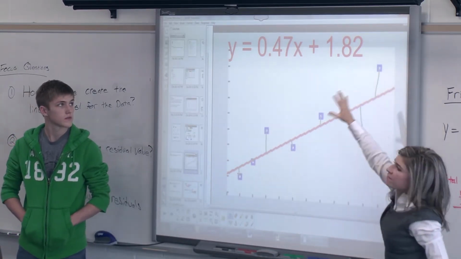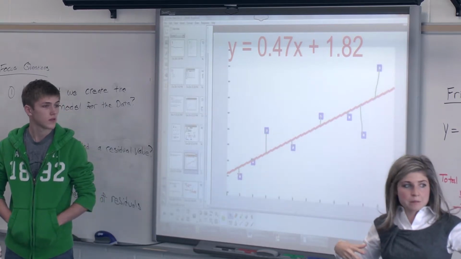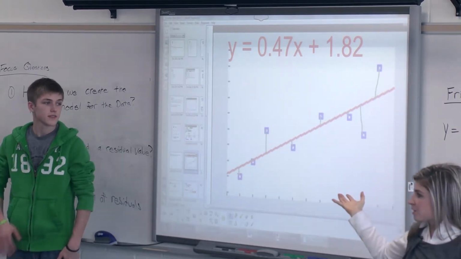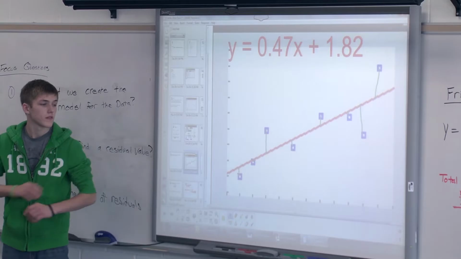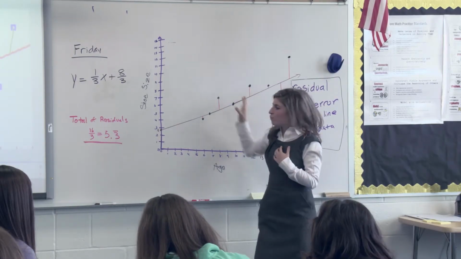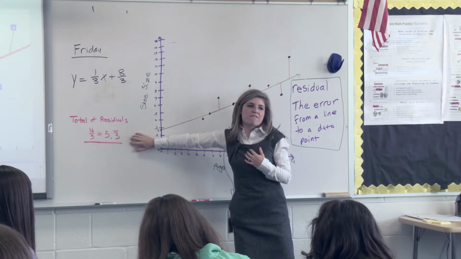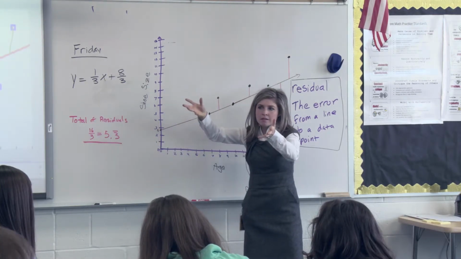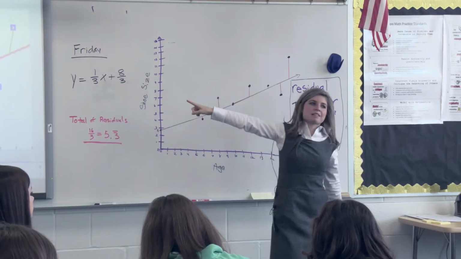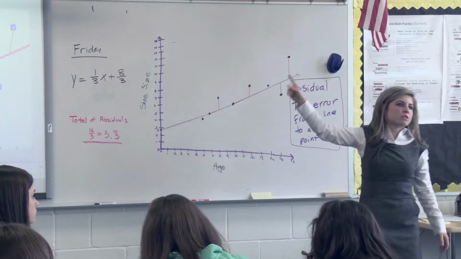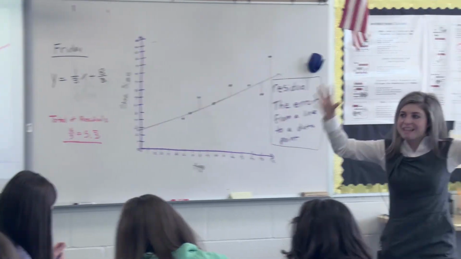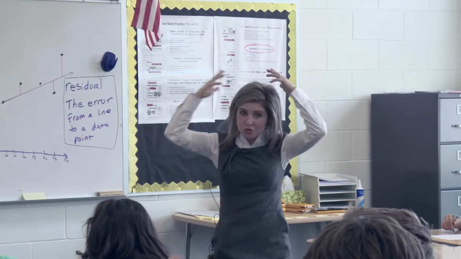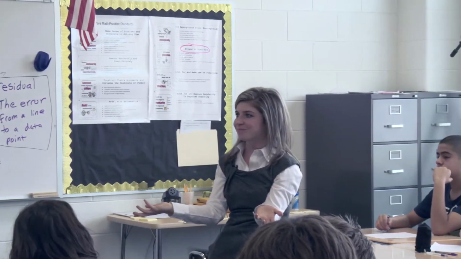All the points above the line are going to have positive residuals. Now, for our actual model, when we took the sum of our residuals, we got 5.3 repeated. That's our sum of our error. If you had to predict what the summation of the residuals would be for the best line of fit, what do you think that would be?